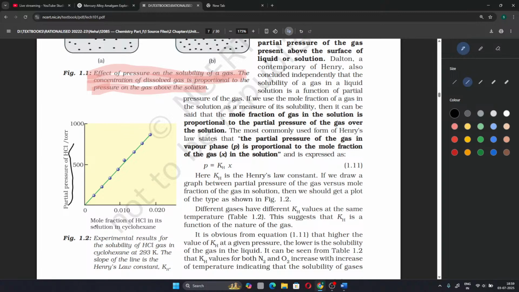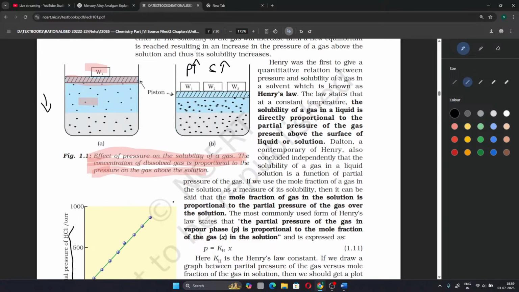This is the mole fraction. We describe solubility of gases in terms of mole fraction. This is the mole fraction of HCl in its solution in cyclohexane. As we increase the pressure, the mole fraction is higher. It is a completely linear graph. It increases, it is directly proportional.